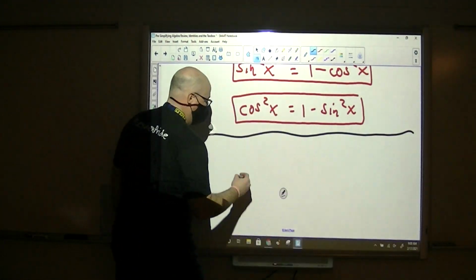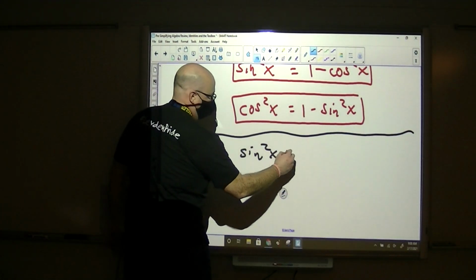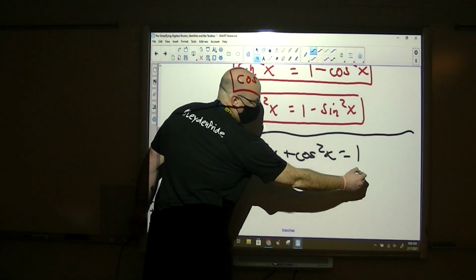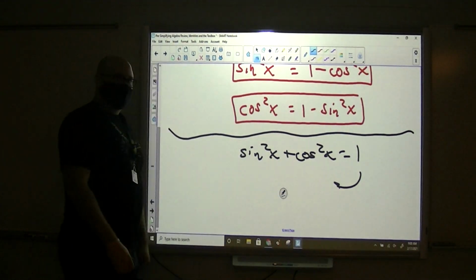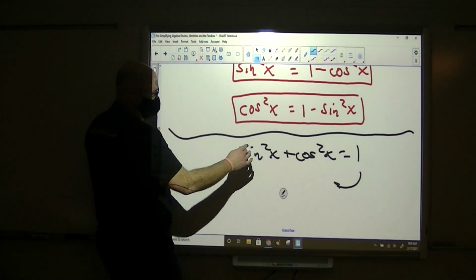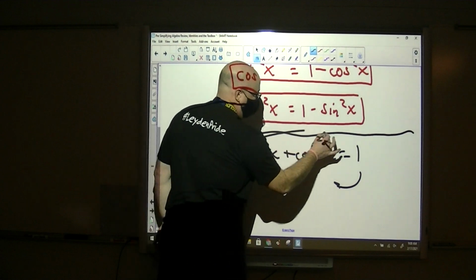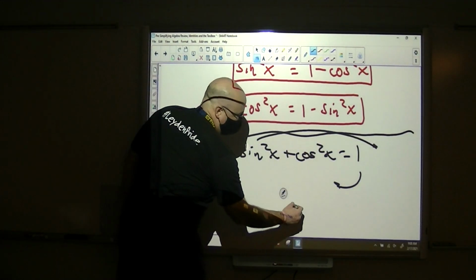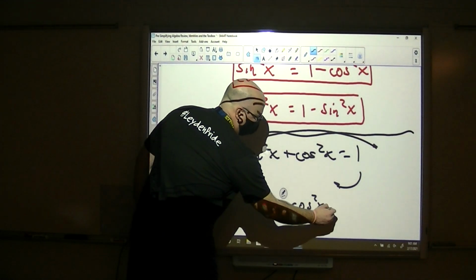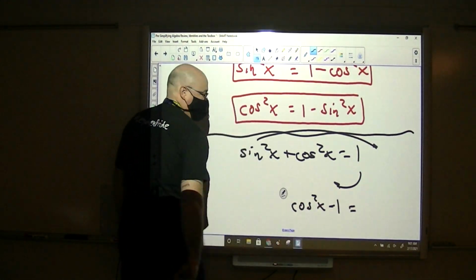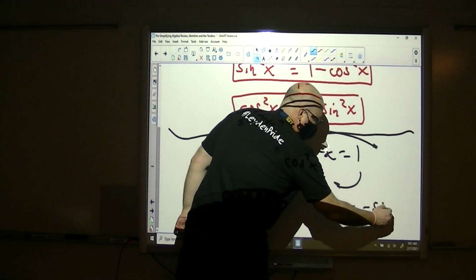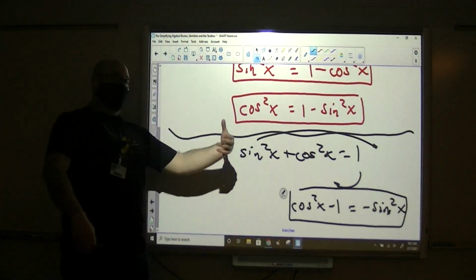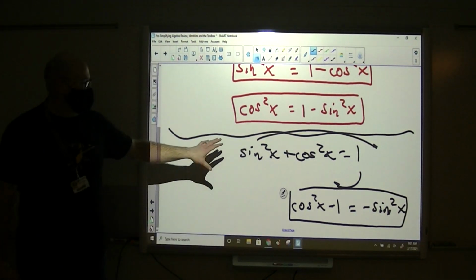We're going to need to do this as well. If we start with this statement, I could move this 1 over to here by subtracting it, and at the same time move this sine squared over here by subtracting it, and end up with a statement that says cosine squared x minus 1 is equal to negative sine squared x. That's another type of manipulation I can make with this statement.